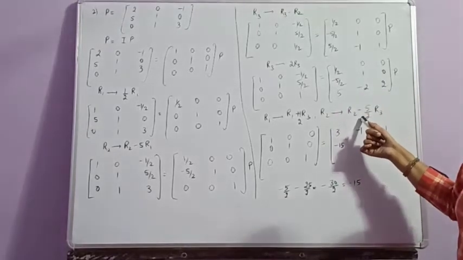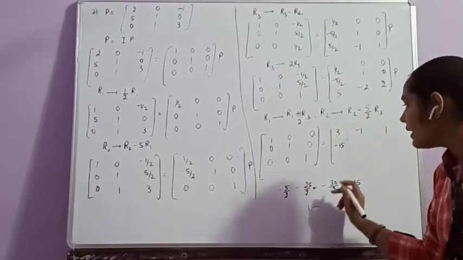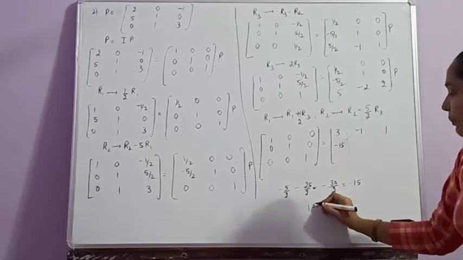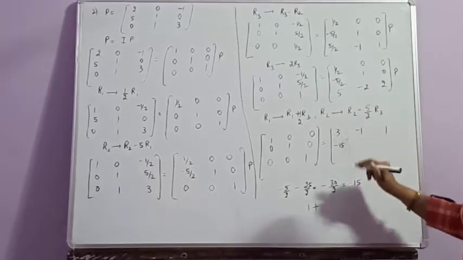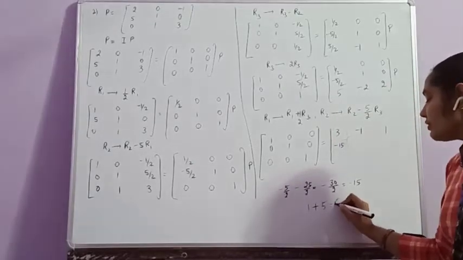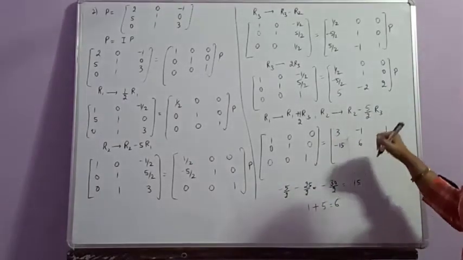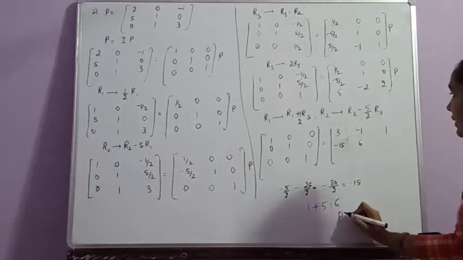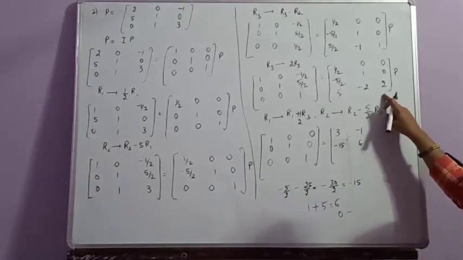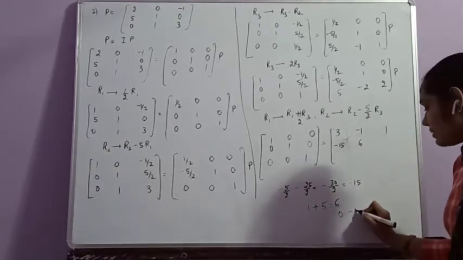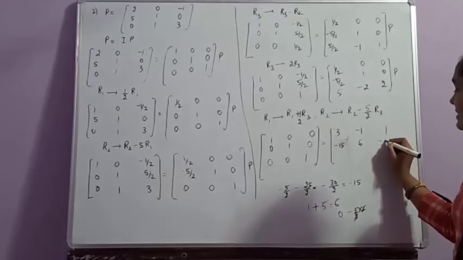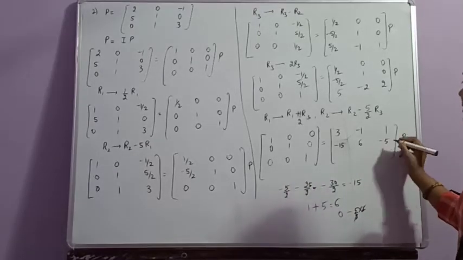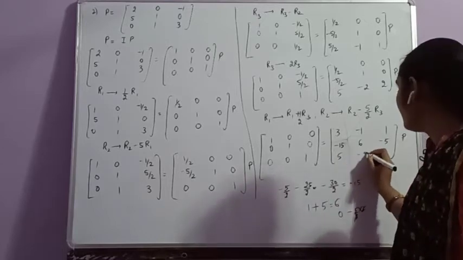Then 1 minus, minus minus plus 5 by 2 of 2, the 2 is cancelled out, that is 5, so it will be equal to 6. Next is 0 minus 5 by 2 times 2, the 2 is cancelled out, 0 minus 5 is equal to minus 5. The third row will remain the same.